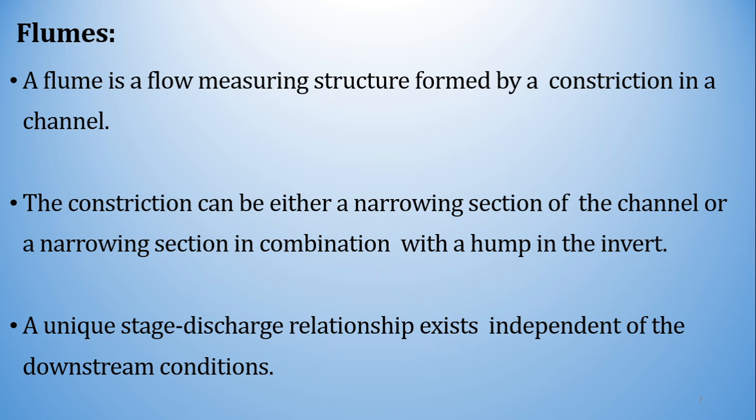Then come flumes. A flume is a flow measuring structure formed by a constriction in the channel. The constriction can be either a narrowing section of the channel or a narrowing section in combination with a hump in the invert. A unique stage discharge relationship exists independent of the downstream conditions.